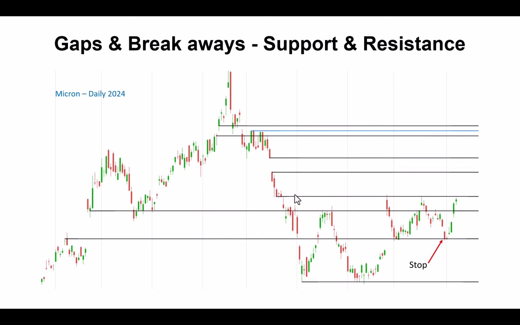So this is why you will hear me talk a lot about gaps, especially in the equities market, because gaps are support and resistance levels, and here there are a bunch of them. I kept them all until I can see that they are obsolete, when they have no meaning anymore. But you can see several resistance levels, and when they are broken, closing above, then they are support levels.